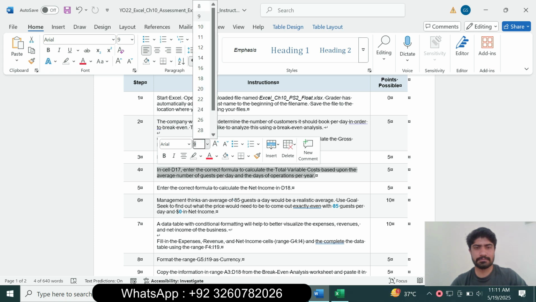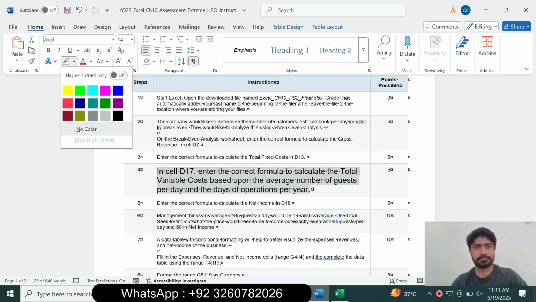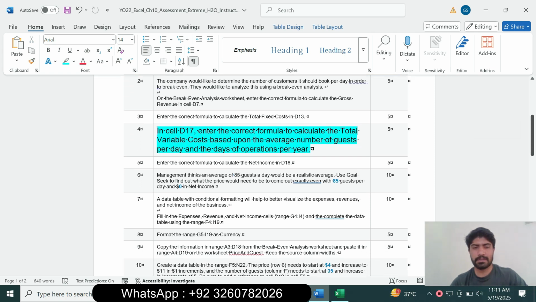Question number 4 is: in cell D17, enter the correct formula to calculate the total variable cost based upon the average number of guests per day and the days of operation per year.